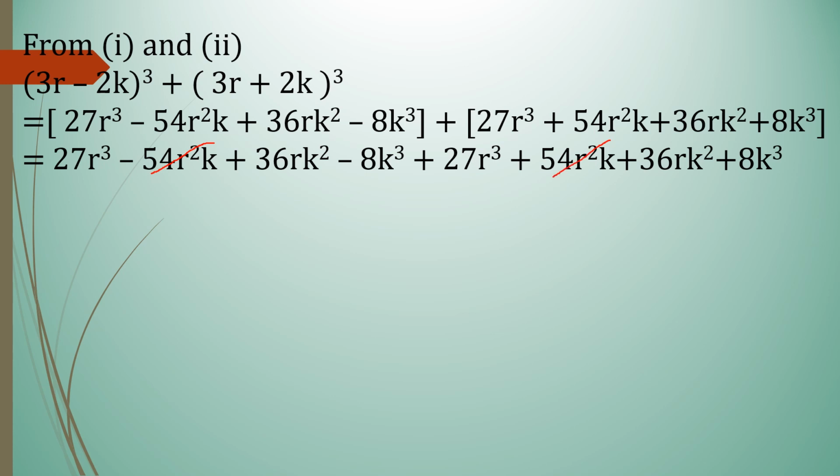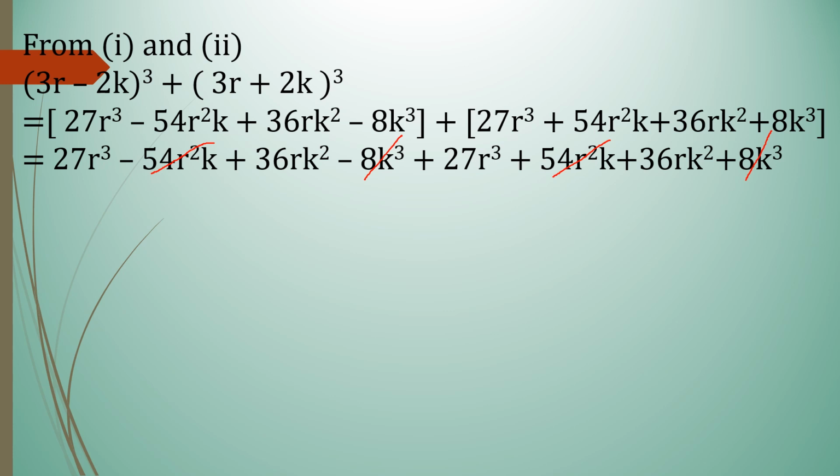Now you can further see 36 r k square and here also plus 36 r k square. Both are with the same sign, so they will add. Next you see minus 8k cube and here plus 8k cube. Both are with opposite signs, so they will get cancelled.